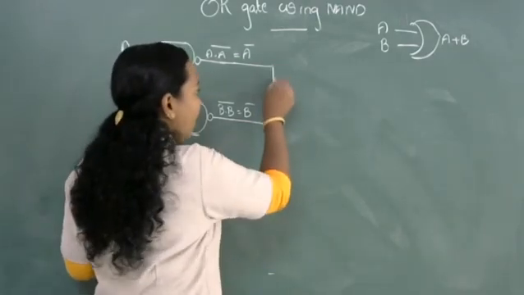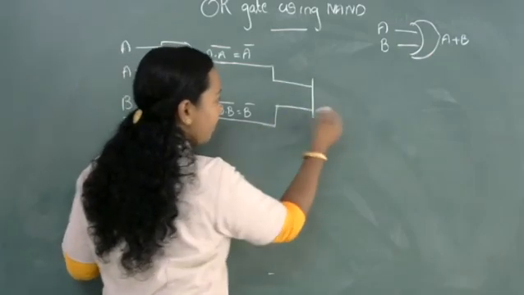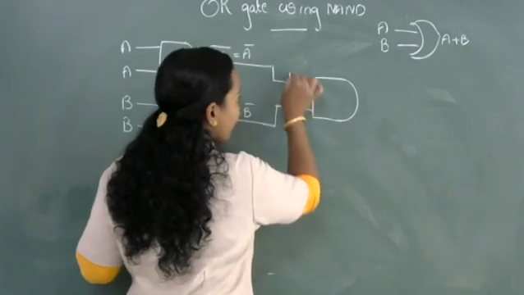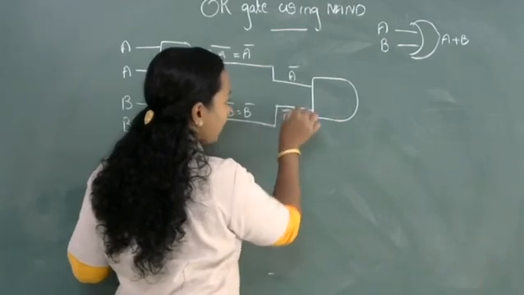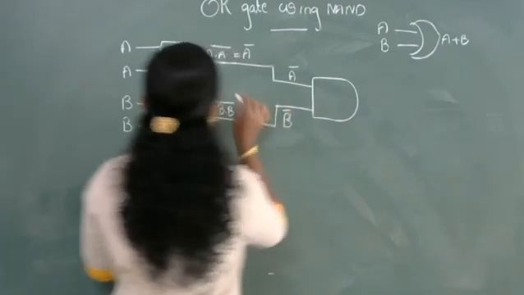And one more time I am applying the NAND gate. So in the first line A complement, second line B complement. What will be the answer here?